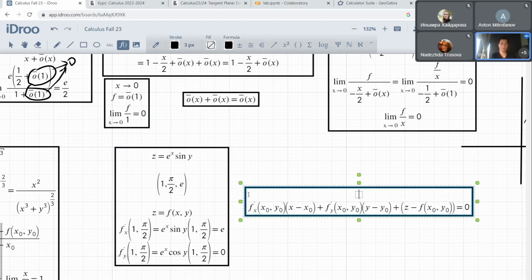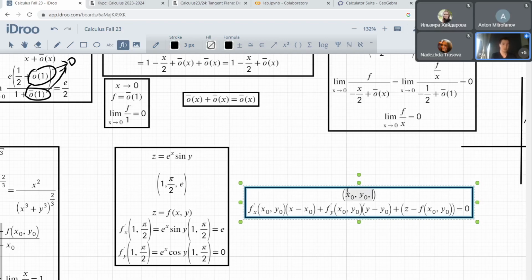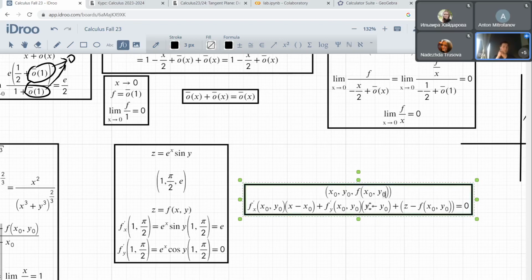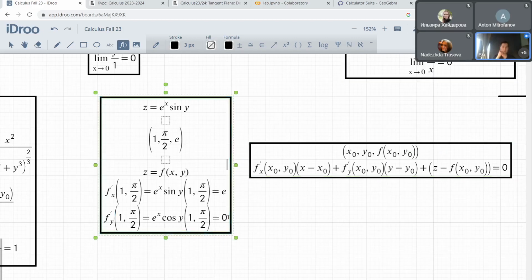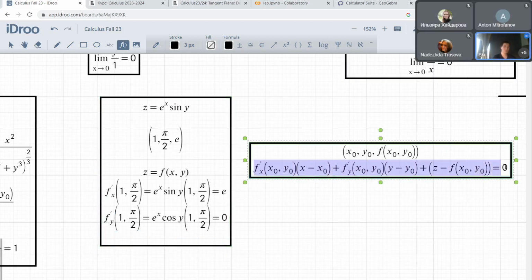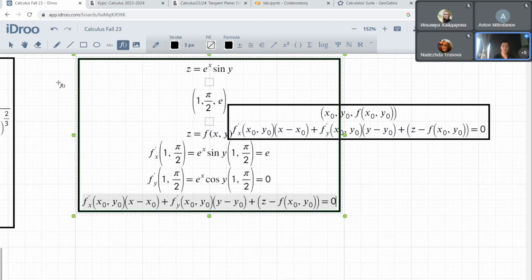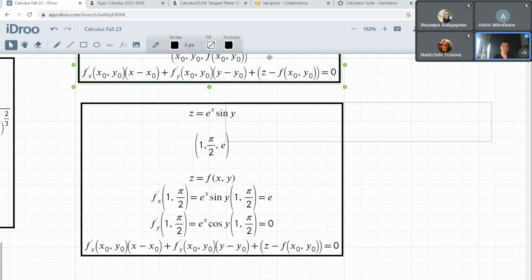It's really good that you don't see. That's the formula that defines the equation of the tangent plane, and now we can just use the values in this task, and we can get the tangent plane for this randomly taken function.